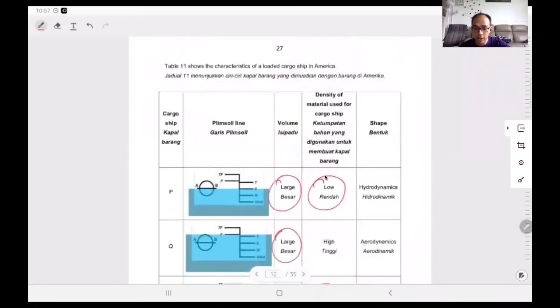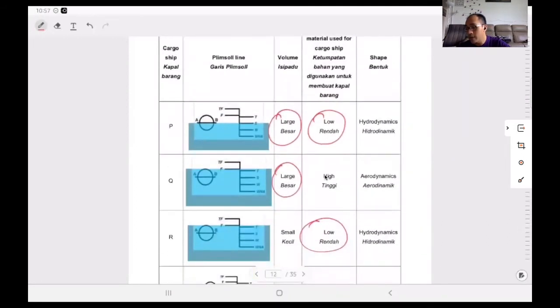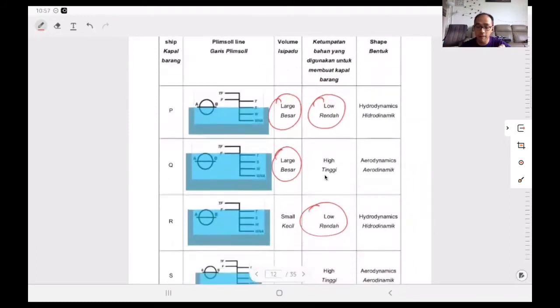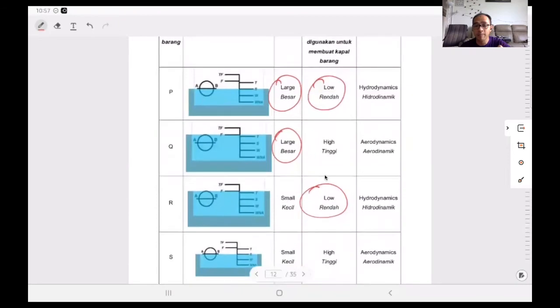Okay, now the shape. Do we want it to be hydrodynamic or aerodynamic? Hydrodynamic means water, aerodynamic means air. And obviously we want hydrodynamic, because we're going in water. Aerodynamic is air.